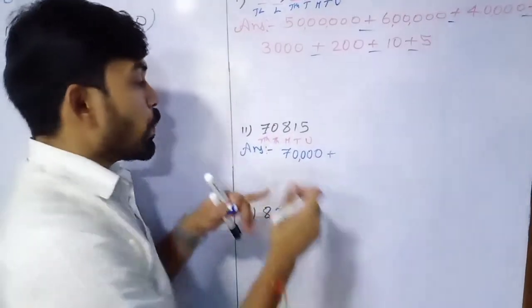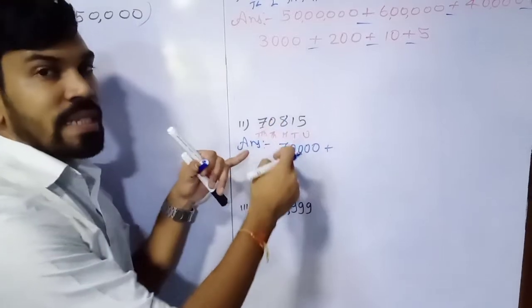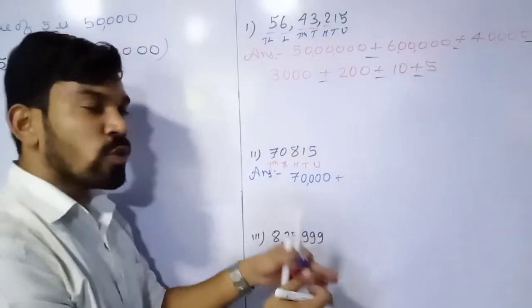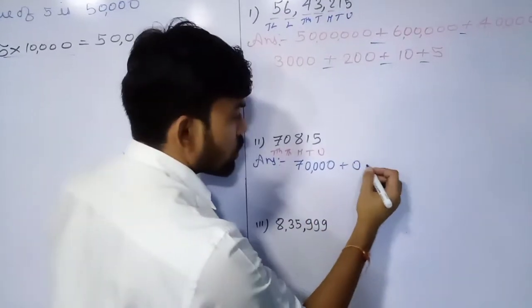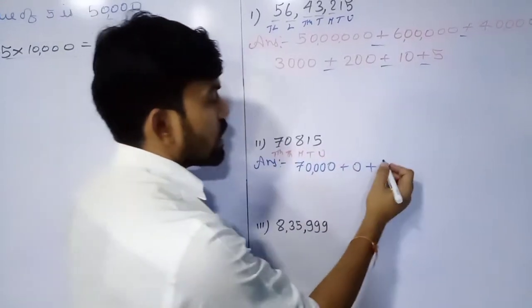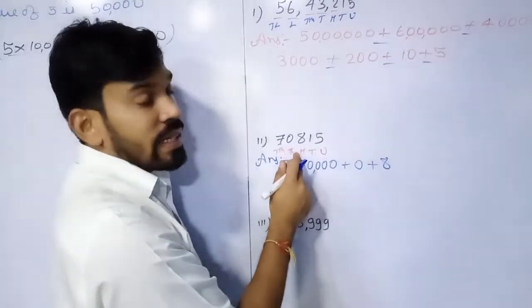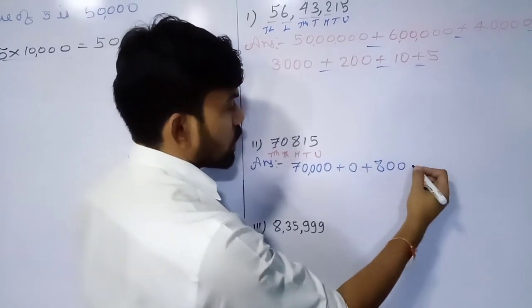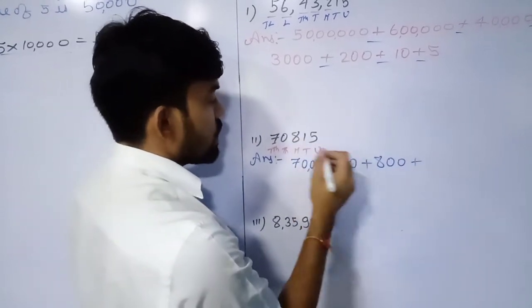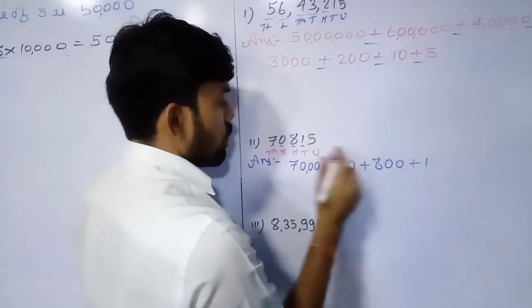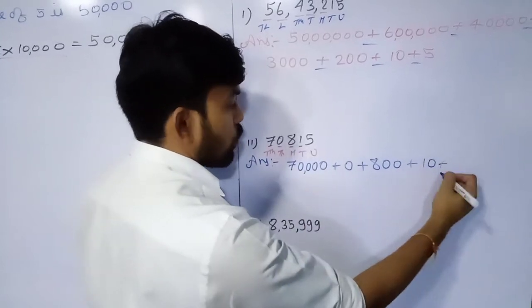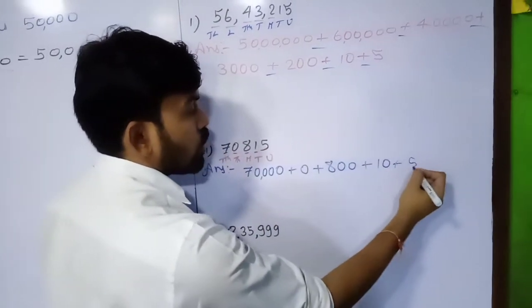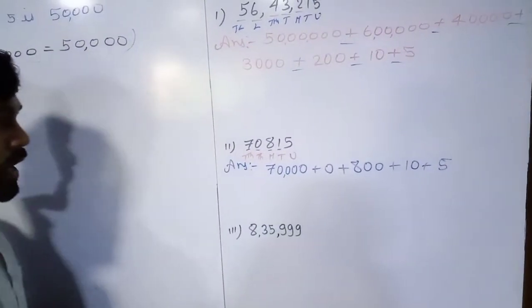The place value of the digit 0 anywhere in a number is always 0. We can write 0 directly. Next one is 8. 8 is at the 100 place. How many zeros do we have in 100? 2 zeros. We put them over here. Plus, next one is 1. 1 is at the tens place, so 10, plus 5. 5 is at the unit place. Directly we can write it over here.